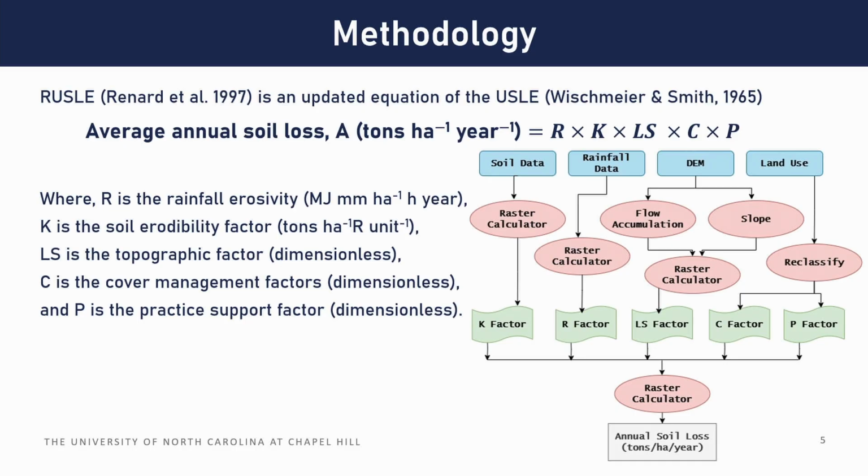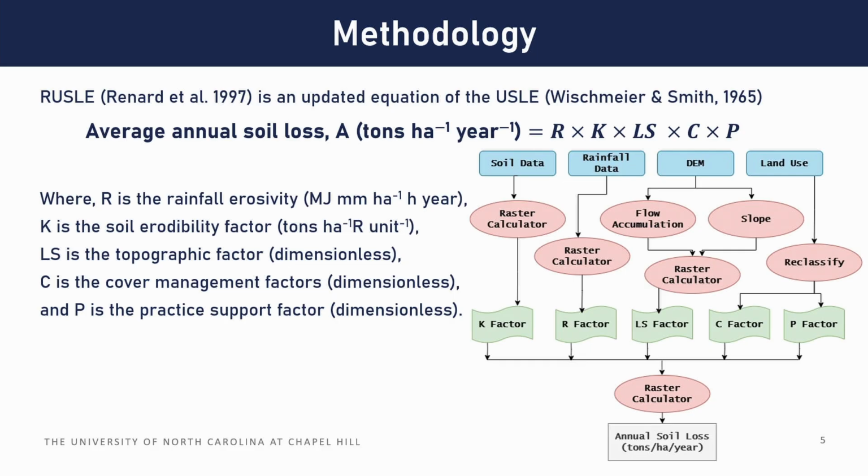So, to quantify soil loss, researchers have developed several empirical as well as process-based models, such as SWAT, which is Soil and Water Assessment Tool, WEPP, Water Erosion Prediction Project Model, and Universal Soil Loss Equation. The process-based models like SWAT and WEPP require intensive calibration, detailed field data, and multiple parameters, which make them complex and inaccessible for rapid assessment.